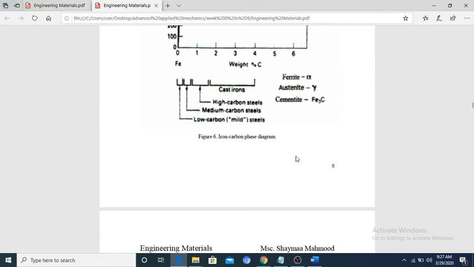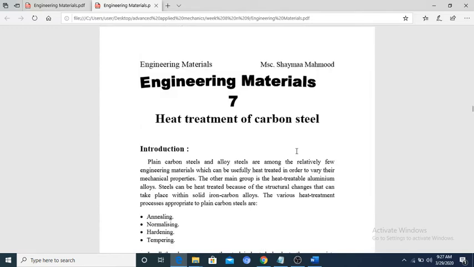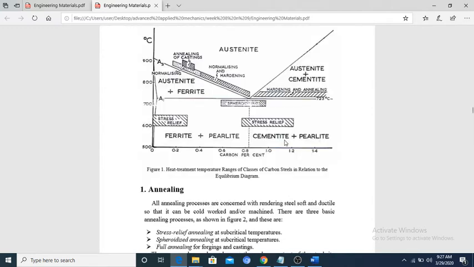So we have critical temperature. Number 7 is heat treatment of carbon steels. We have annealing, normalizing, hardening, and tempering. So you can see from this equilibrium diagram the heat treatment temperature range of classes of carbon steel in relation to the equilibrium diagram.